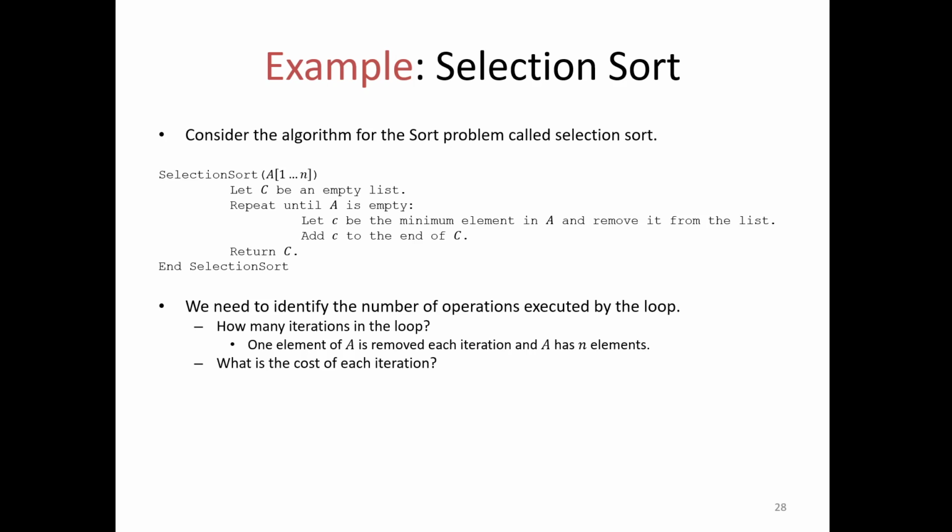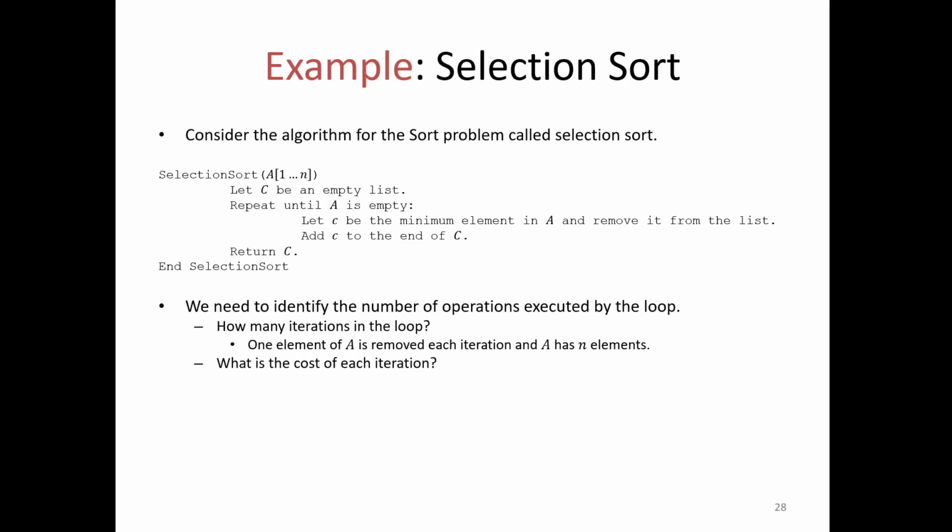So the next question then is, well, what is the cost of each iteration? And here it's going to be worthwhile to note that pseudocode is definitely a beneficial tool that we can use. One of the reasons is that it can be very expressive.